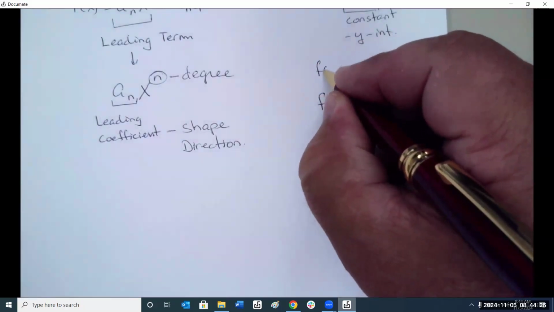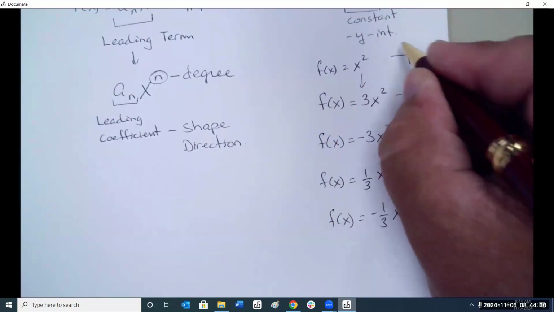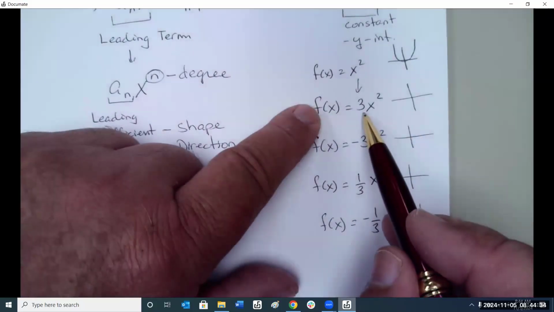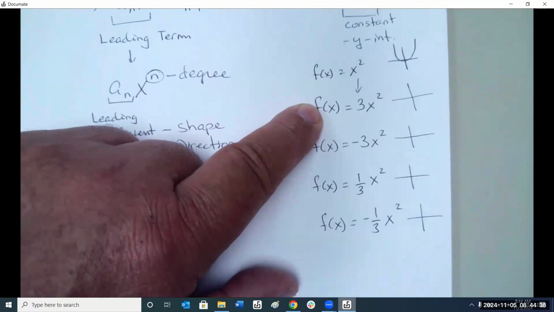Well, compared to our function, x squared. X squared is just like that. So how is this one going to look compared to the original? Think what we did in chapter 2. Compressed horizontally or vertically.